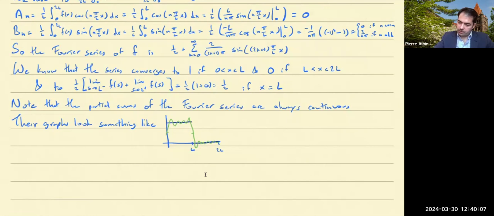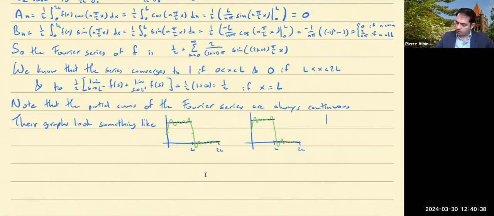And then if I include more terms, it might look something like that.